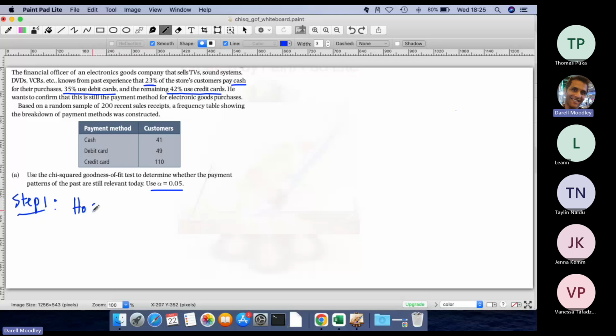You need to refer to what the question is asking. The distribution of what exactly? And in this question, we're looking at the distribution of payment methods. So we're going to say the payment distribution is the same.